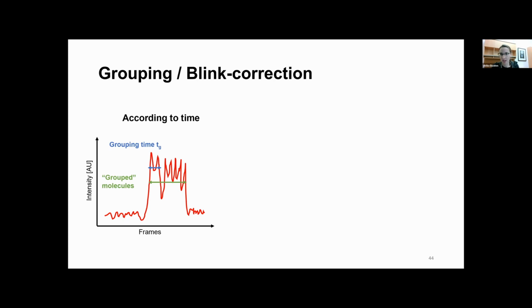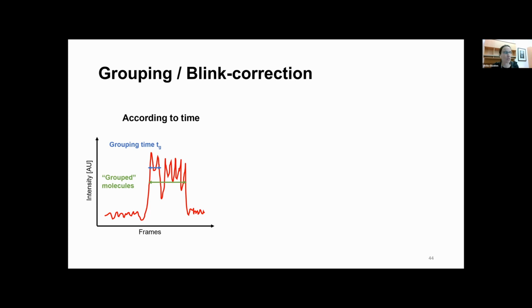And therefore, first of all, you don't have false signals, but at the same time you also have an overall higher photon count for that specific fluorophore, and therefore also a higher precision. So that's a correction which you want to do.